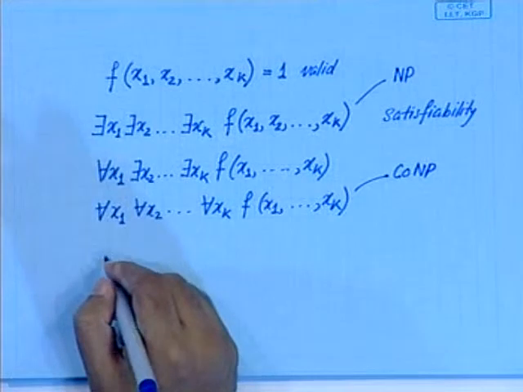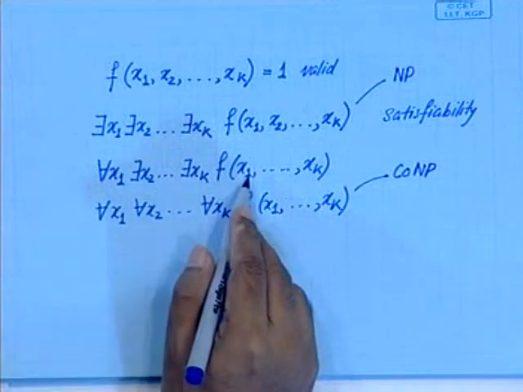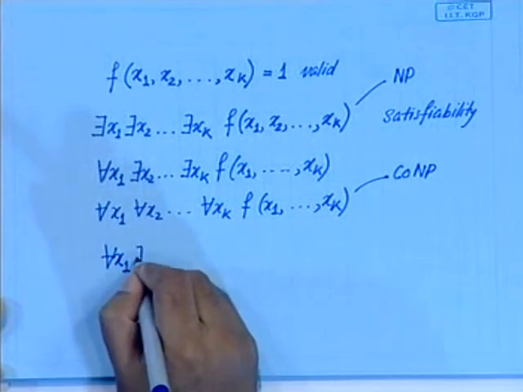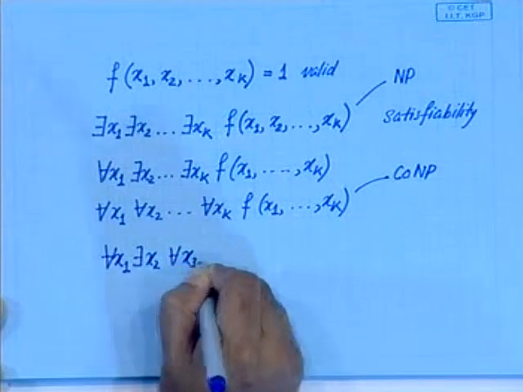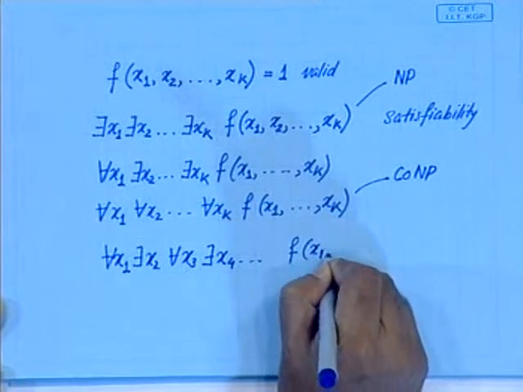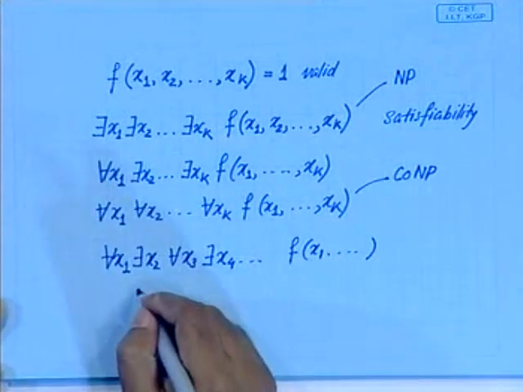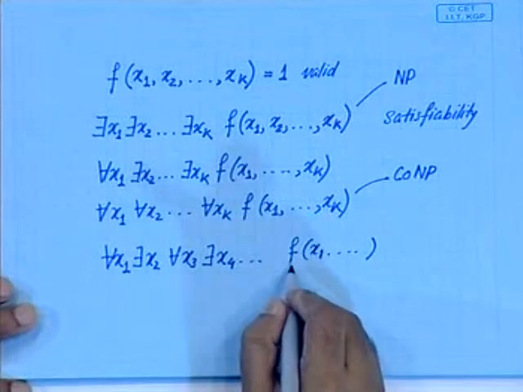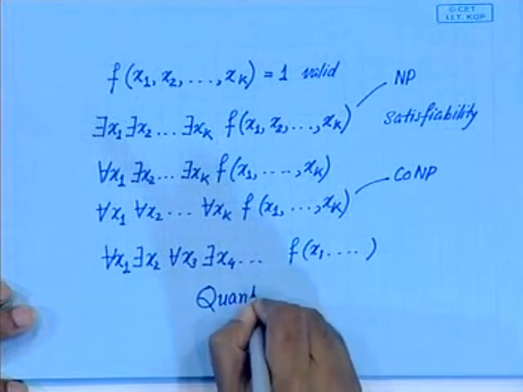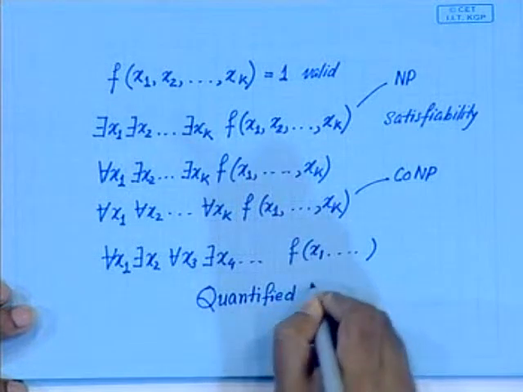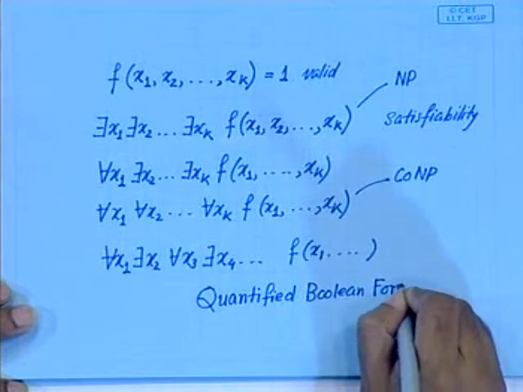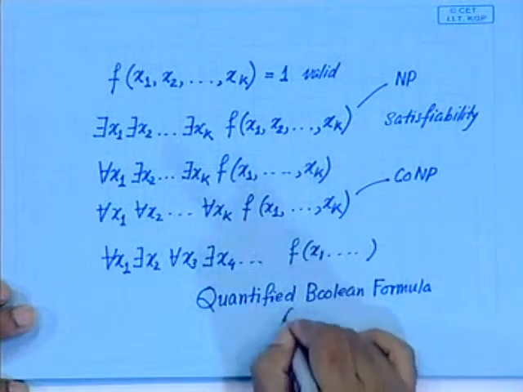So, when you have one level of alternation, you are one level up in the polynomial hierarchy, and when you have complete alternation, so for all x1 there exists x2, for all x3 there exists x4, and so on, right. When the number of alternations is arbitrary, then this is called a quantified Boolean formula, or QBF.